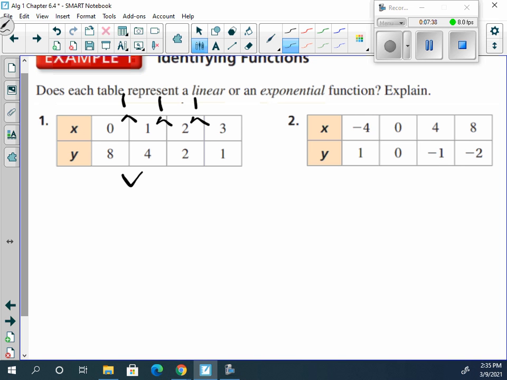What is the difference between 8 and 4? And it would be what? Negative, because we are going backwards, we're going down. How about 4 and 2? So would this be linear or exponential?